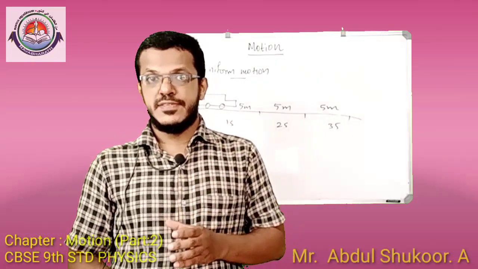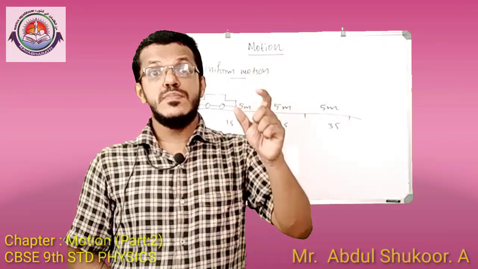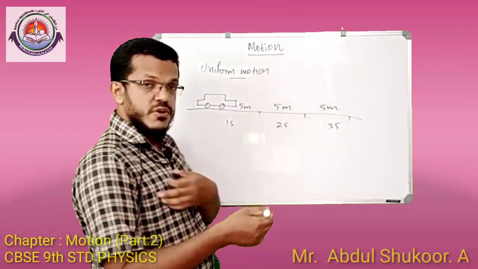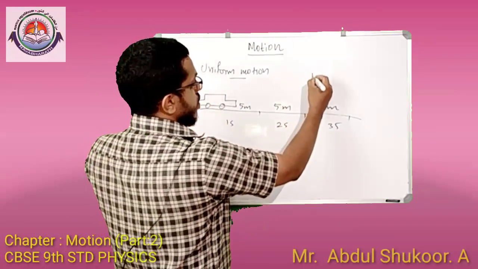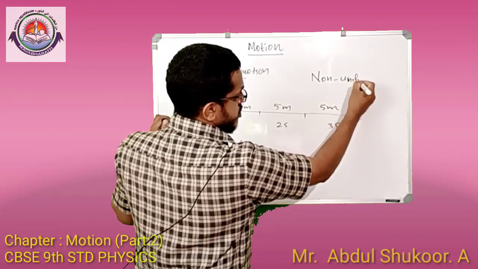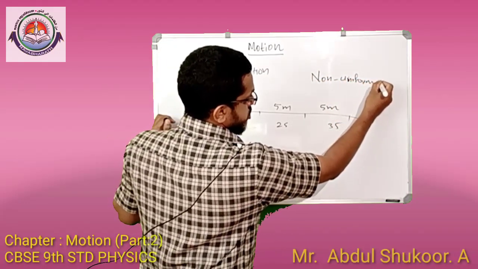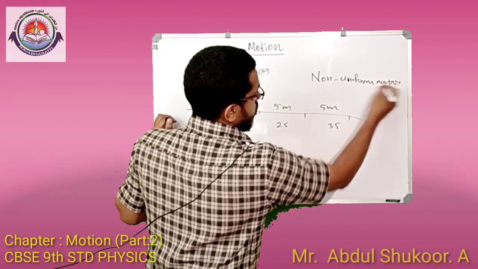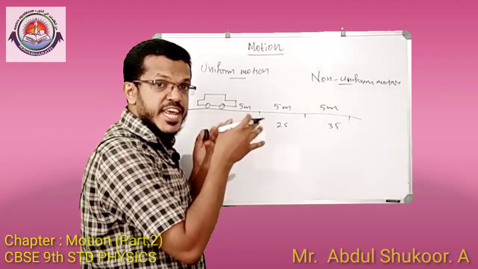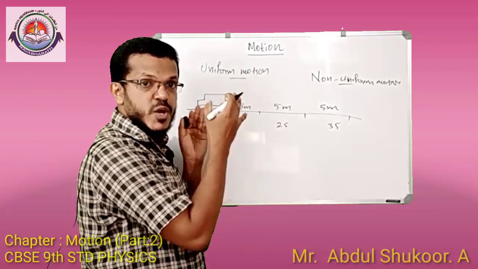In that case, we say that the object is in non-uniform motion. What is non-uniform motion? Non-uniform motion means an object covers unequal distances in equal intervals of time.